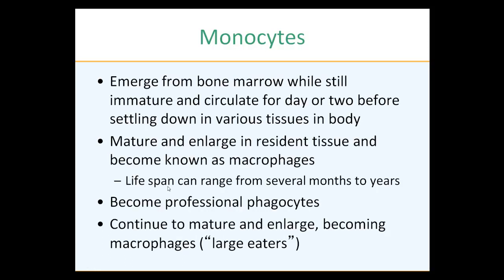Monocytes emerge from the bone marrow, and again, all the blood cells and the blood fragments arise from the same place, the red bone marrow. When they mature, they will start to migrate and go to the tissue, where they will reside as macrophages, and they can live quite a while there, from several months to even years.